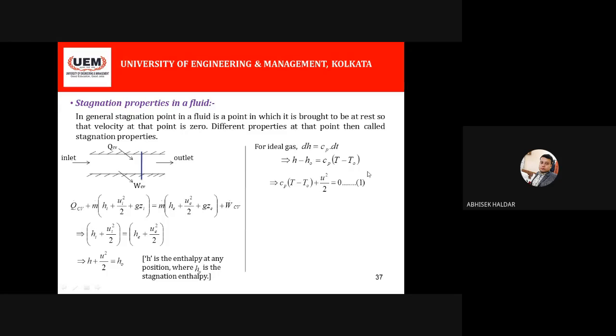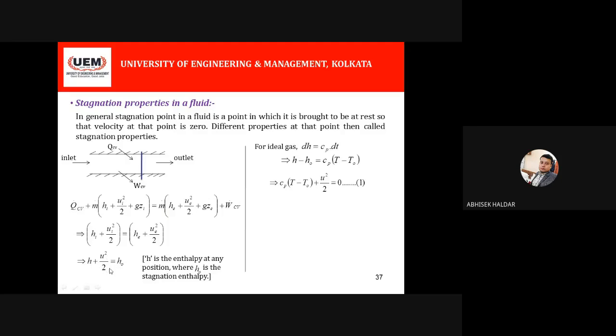Now you see I am replacing something. Cp into T minus T naught I am keeping as it is. And if I take H minus H naught to the right hand side, it becomes H naught minus H. From the earlier equation, H naught minus H is nothing but U square by 2.